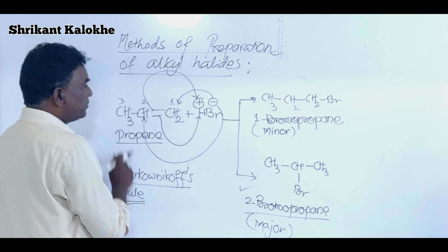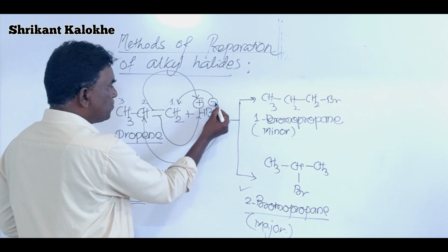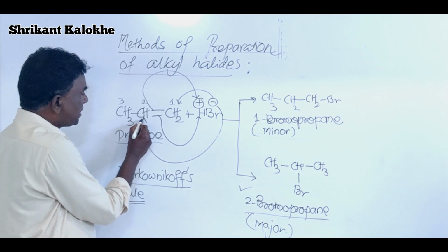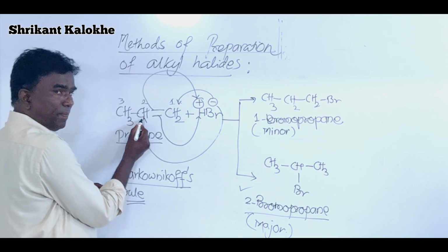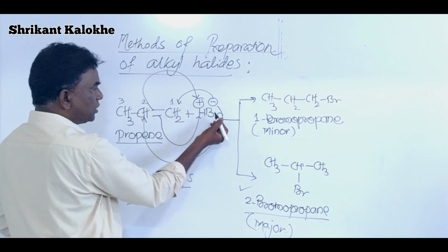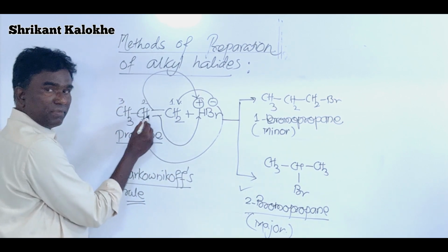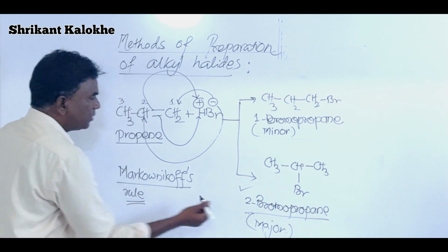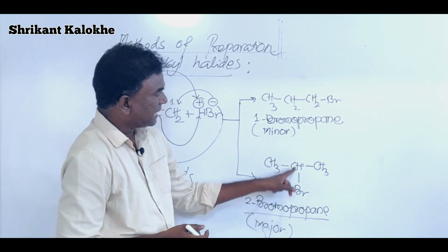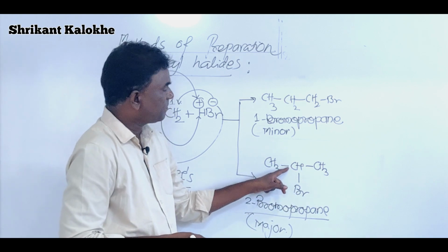Markovnikov's rule says that during the addition of unsymmetrical reagents to an unsymmetrical alkene, the negative part of the reagent goes to that carbon of carbon-carbon double bond which carries less number of hydrogen atoms, and therefore bromide ion, which is the negative part of the reagent, should attach to carbon number 2 because it carries less number of hydrogen atoms, and therefore major product is 2-bromopropane.